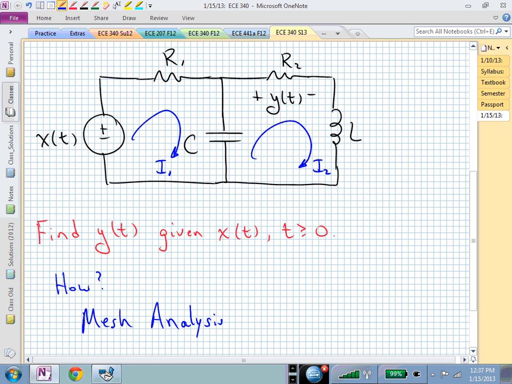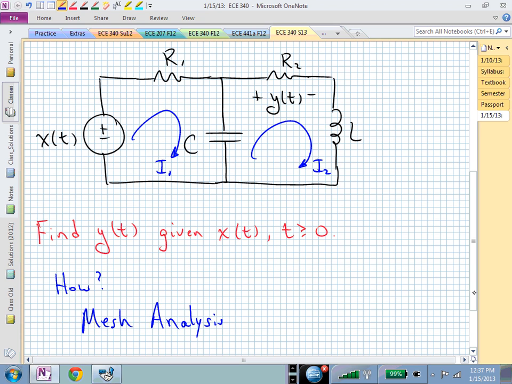Do you know what I mean by order? The order is related to the denominator polynomial in a transfer function, and if you don't have any cancellations, generically the order is going to be the number of energy storage devices or elements you have in this circuit. How many energy storage devices do you have in this circuit?